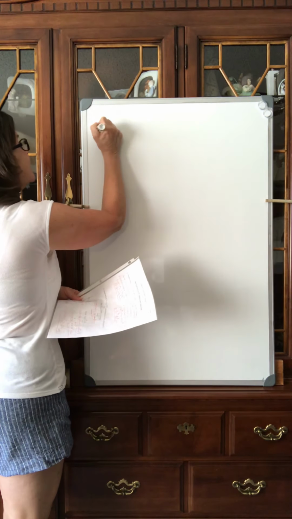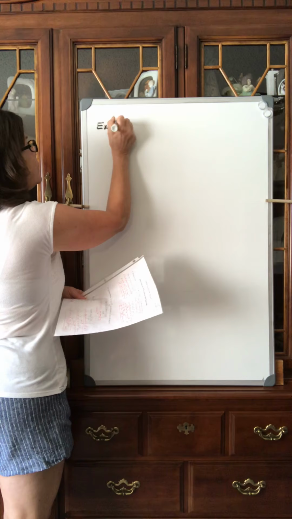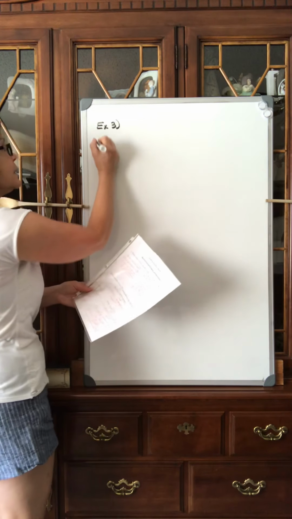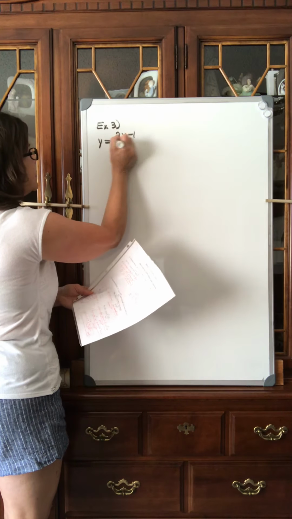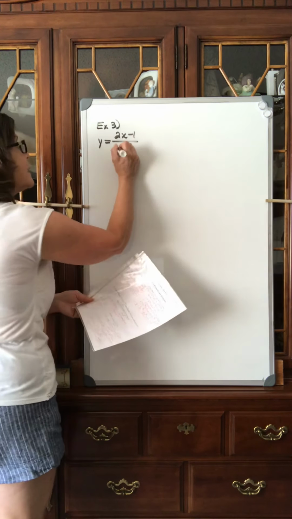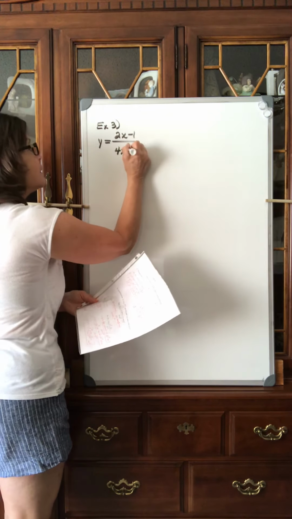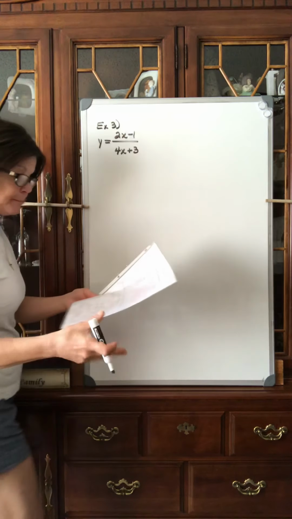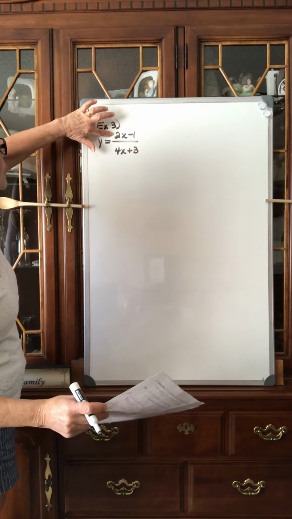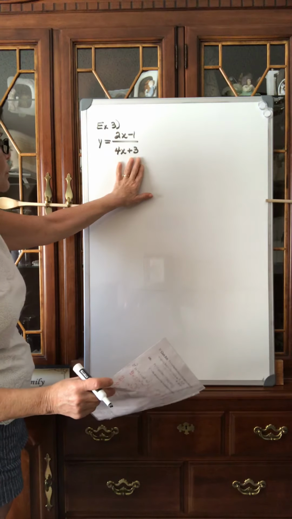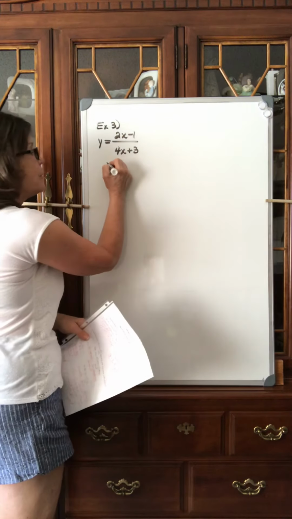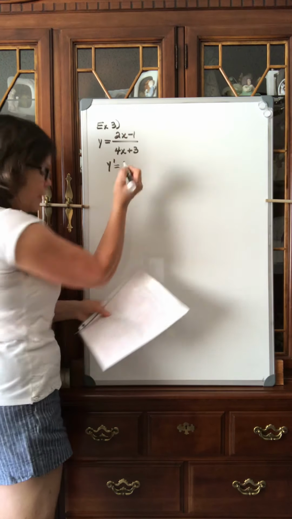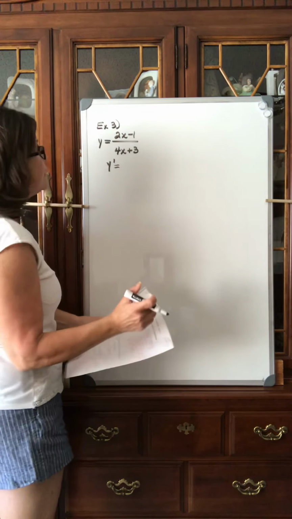Example number 3. We are going to find the first derivative of y equals 2x minus 1 over 4x plus 3. Okay, so the 2x minus 1 is the numerator, 4x plus 3 is the denominator. The way you find the first derivative, y prime, you start with the derivative of the numerator.